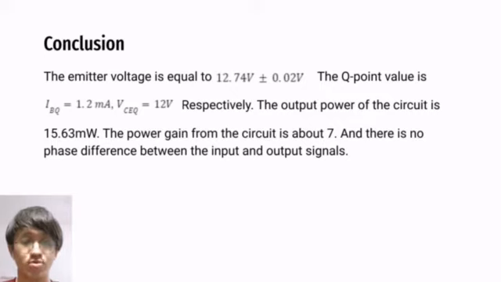The output power of the circuit is 15.63 milliwatts, and the power gain of the circuit is roughly 7. Lastly, there is no phase difference between the input and the output signals, in agreement with the theory.